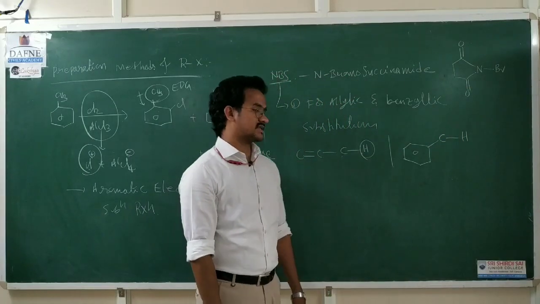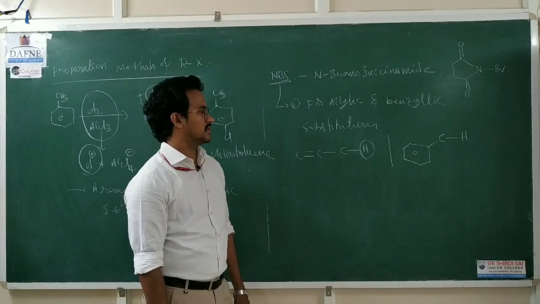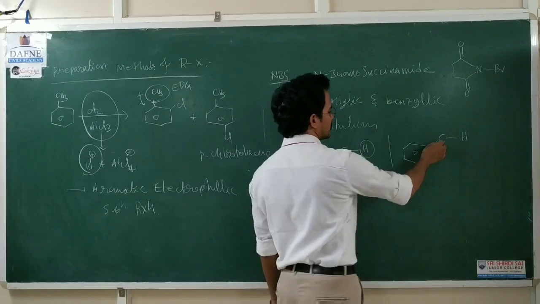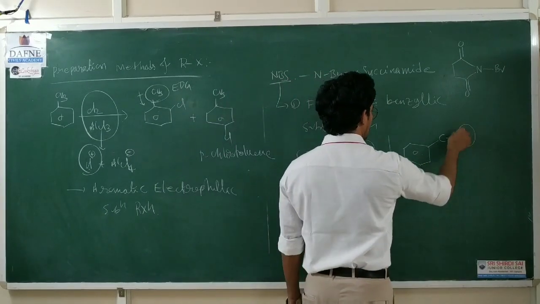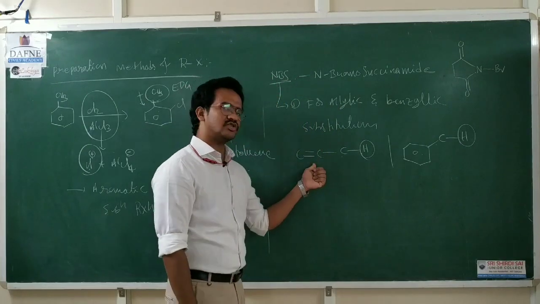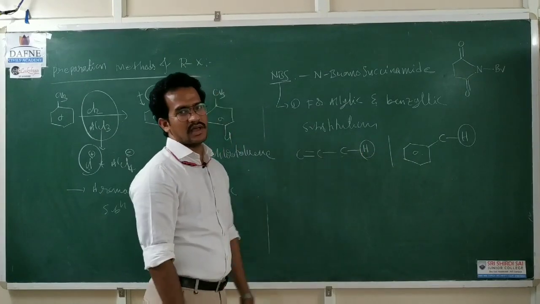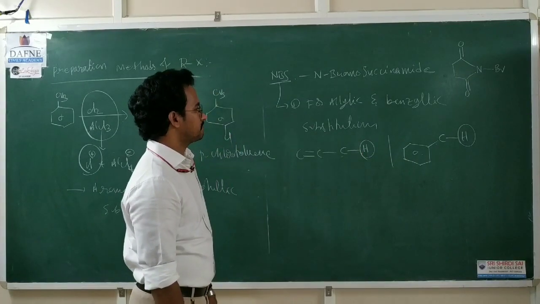So you discussed this in the first class: allylic halides, benzylic halides. The carbon which is directly attached to the benzene is the benzylic carbon, and the hydrogen is the benzylic hydrogen. The carbon directly attached to the C double bond C is the allylic carbon, and the hydrogen is known as allylic hydrogen.